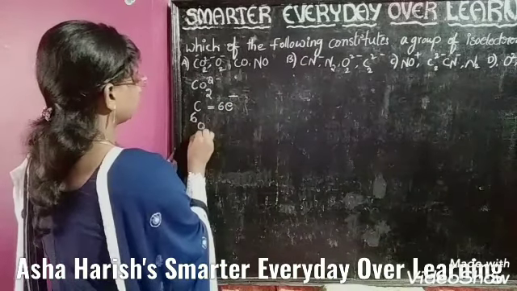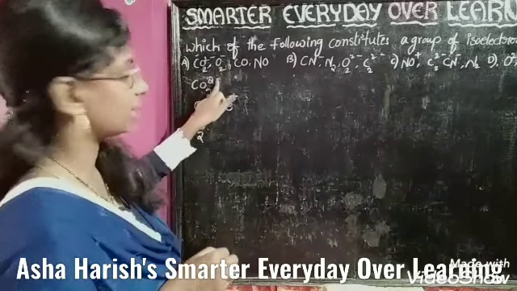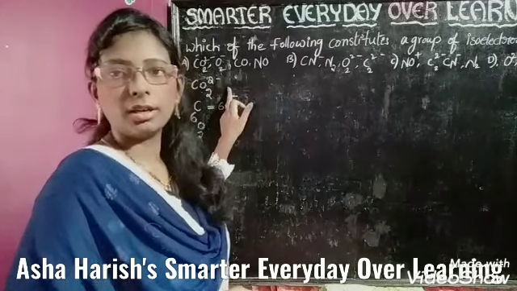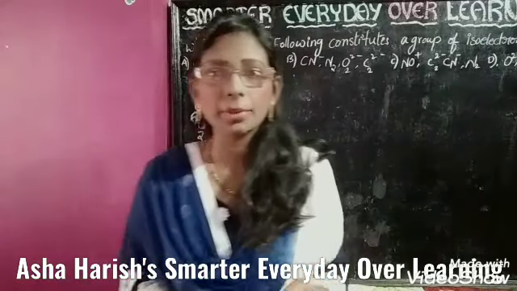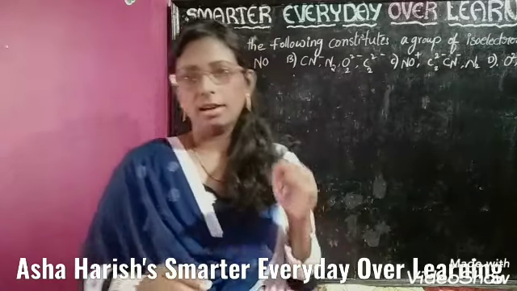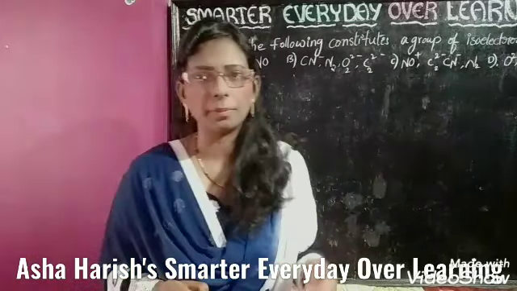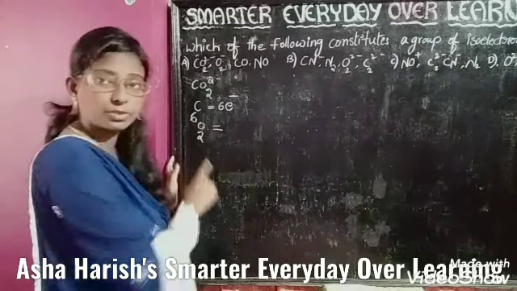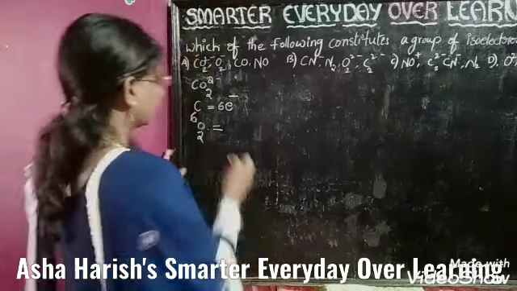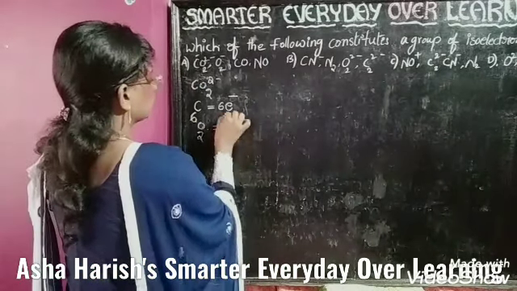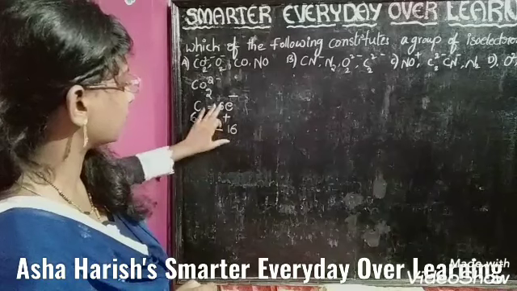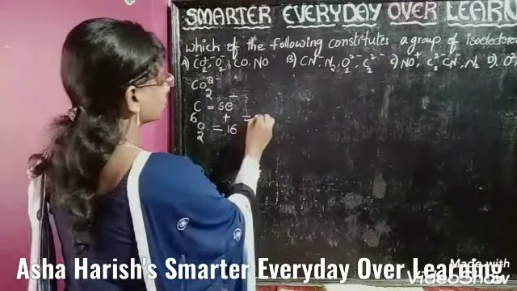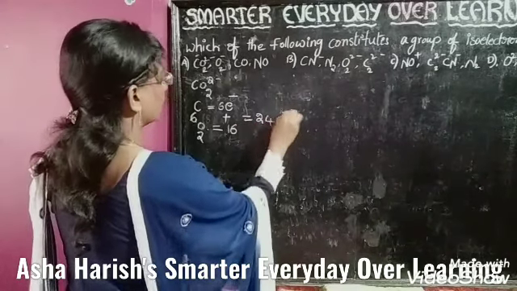And for oxygen, here O2 2 minus is there, so 2 oxygen atoms are present here. Students, oxygen atomic number is 8 and the electrons are also 8. Here 2 oxygen atoms are present, so 8 into 2, that is 16. Then students, if you add these two numbers, 6 plus 16, how much? 24 electrons.